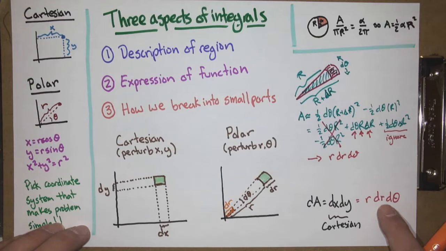R is a measurement of distance. But what about theta? Is theta a measurement of distance? No. If we didn't have the r, we'd be missing our second measurement of distance. So you need something there to be a measurement of distance. So that's the second reason why we need something like r to be there.